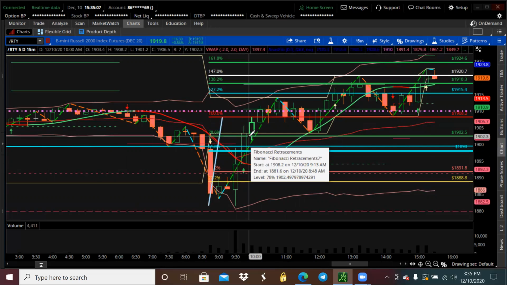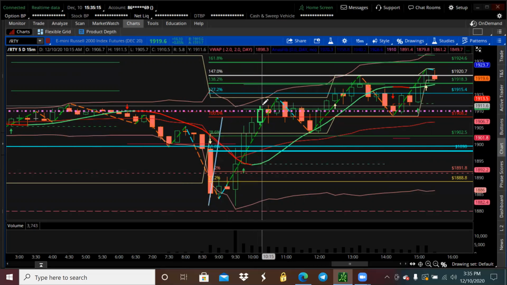That's a good, about 14 points there, 15 points if you wanted to. And then I adjusted the target to the pivots, 1910. So that's the second target of mine. We did reach that this morning.